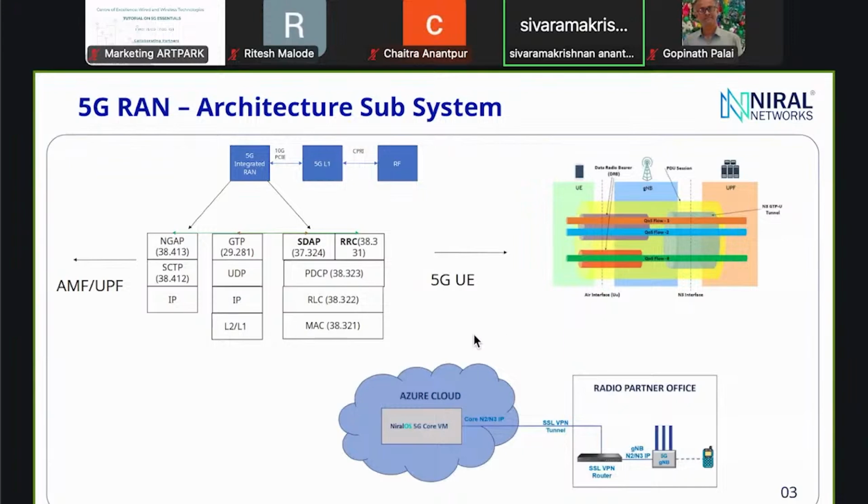The user plane is handled by tunnels, and those are the GTP packets. So this is how the RAN handles both control and data, and how the different PDU sessions are handled, with priorities across them.